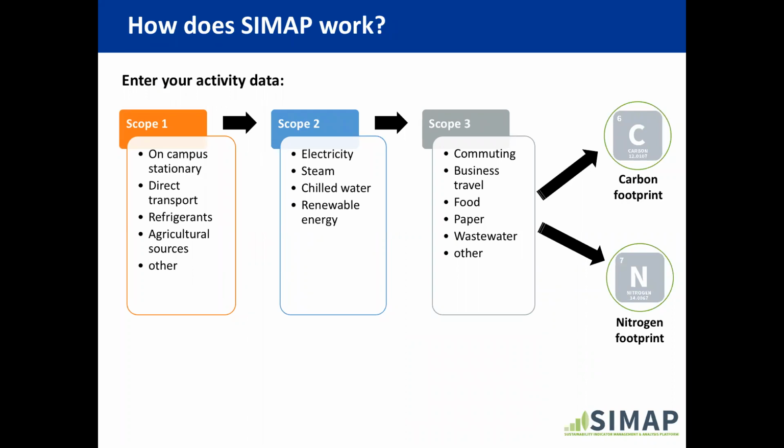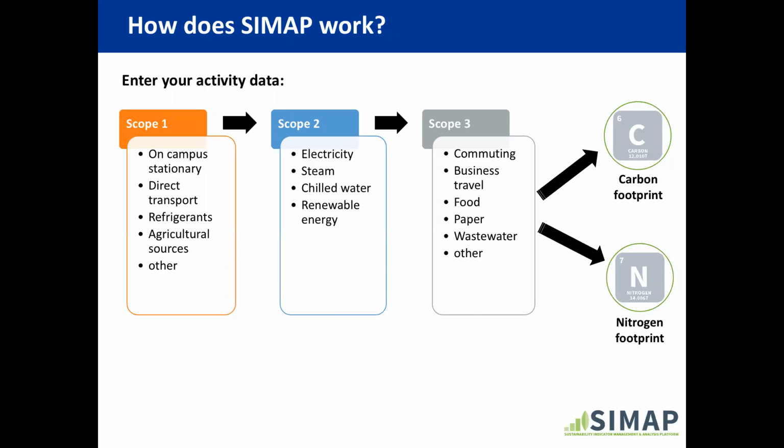And you enter that data and you get out both footprints. And the same activities contribute to both footprints. So anytime you burn a fossil fuel, you're releasing greenhouse gases like carbon dioxide, methane, nitrous oxide, and also releasing forms of nitrogen. Nitrous oxide as well for the nitrogen footprint, and also nitrogen oxides, which contribute to local air quality problems.